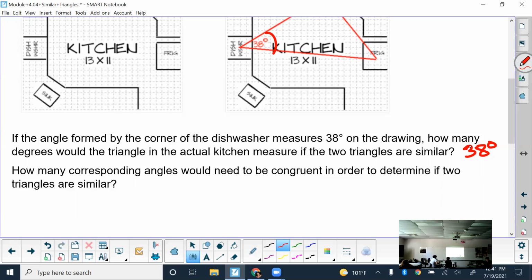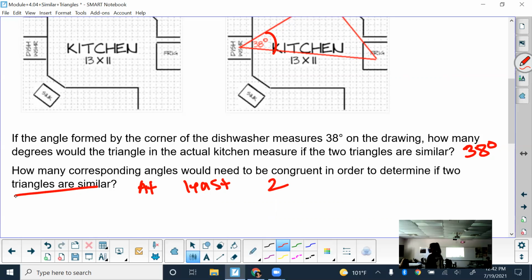The other question, how many corresponding angles would need to be congruent in order to determine if two triangles are similar? So what's the minimum amount? There's only 3. So do I need just 1, do I need 2, or do I need all 3? Good, you just need at least 2 to prove that they are similar.